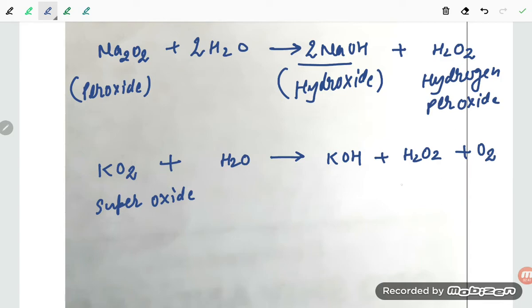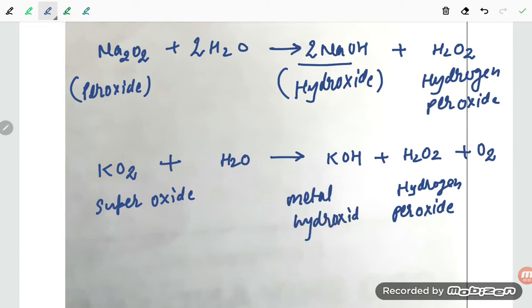This is the metal hydroxide, this is hydrogen peroxide, and that is dioxygen.